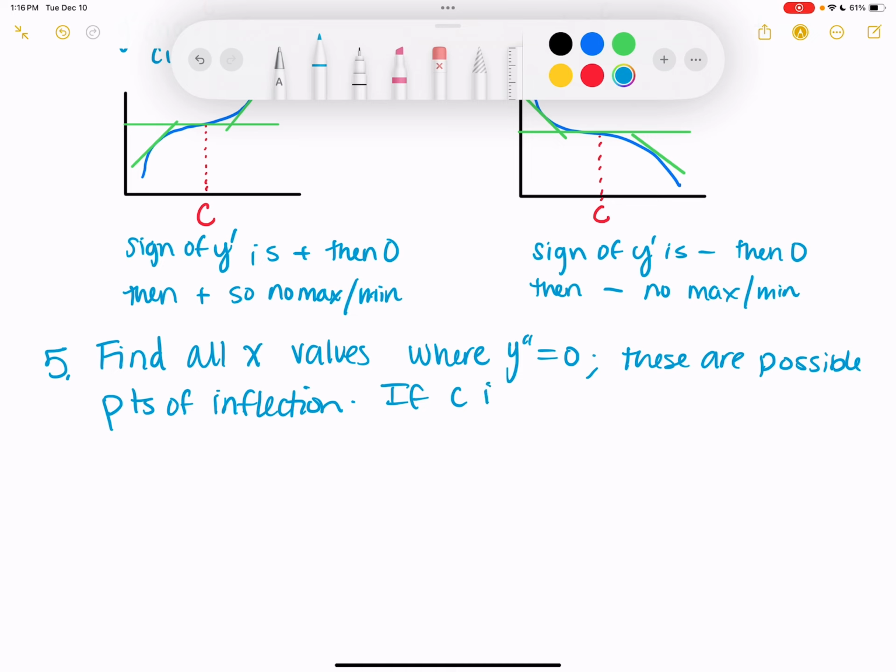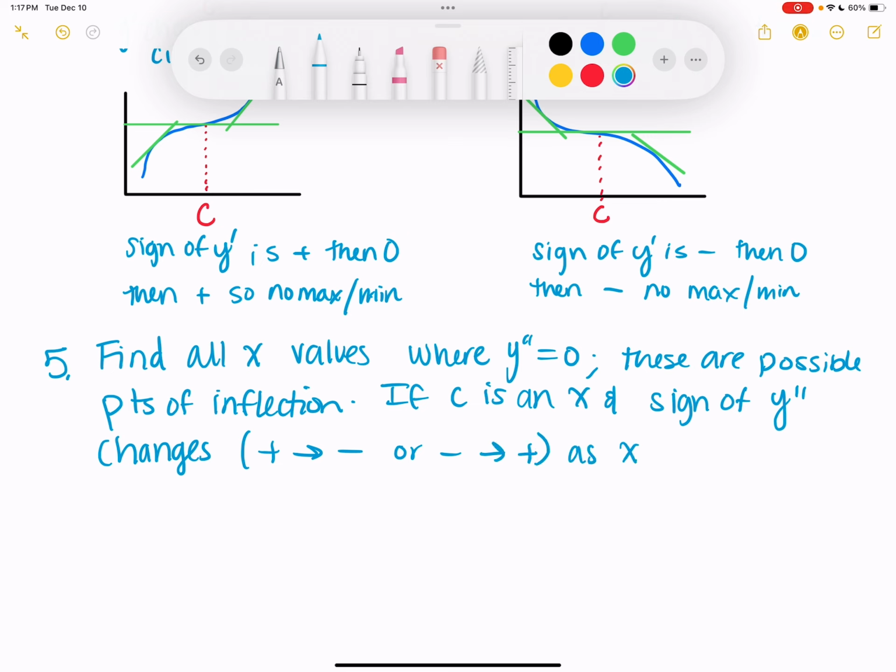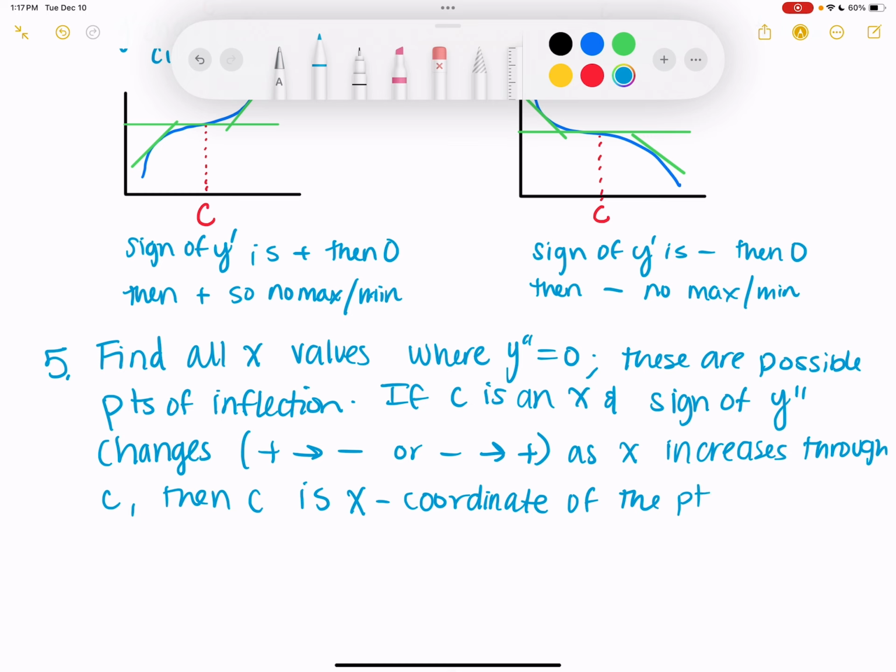If C is an x and the sign of y double prime changes, positive to negative or negative to positive, as x increases through C, then C is an x coordinate of the point of inflection.